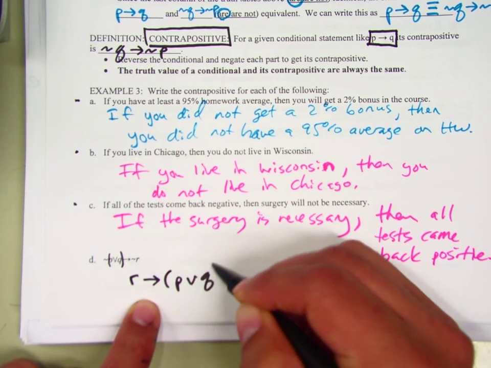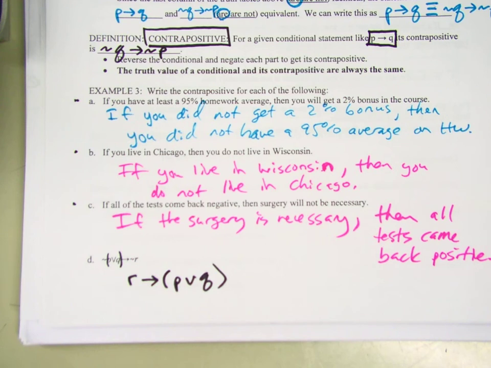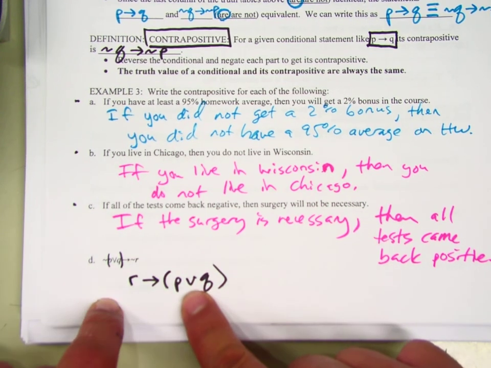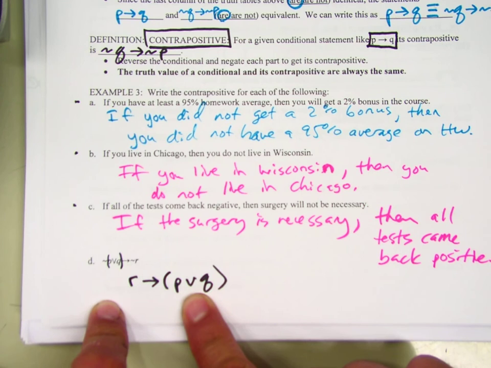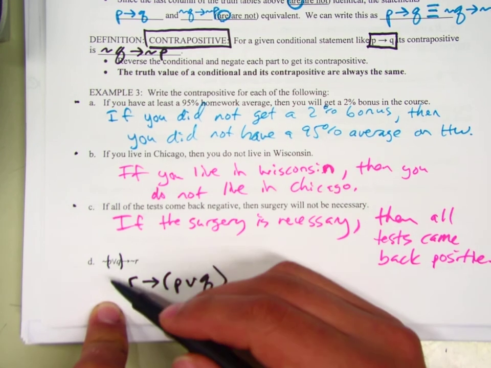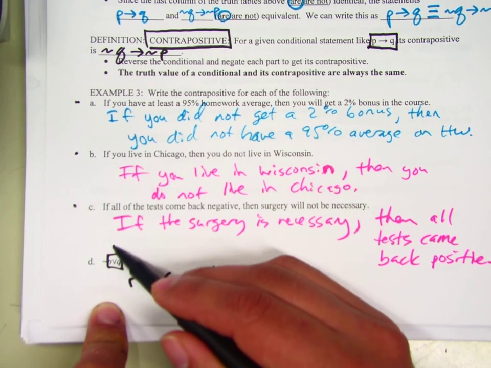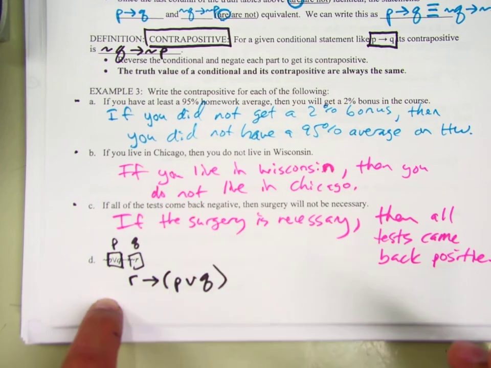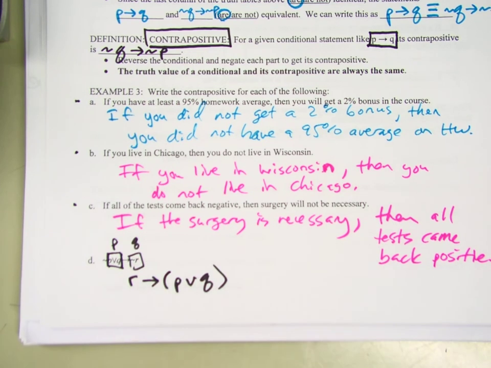P or Q. Okay? So this is what it looks like. This whole thing is considered like your P before, and this whole thing is like your Q. Does that make sense? So the whole thing would be negation in the front. Yes. So now it's just not negated at all. Right.